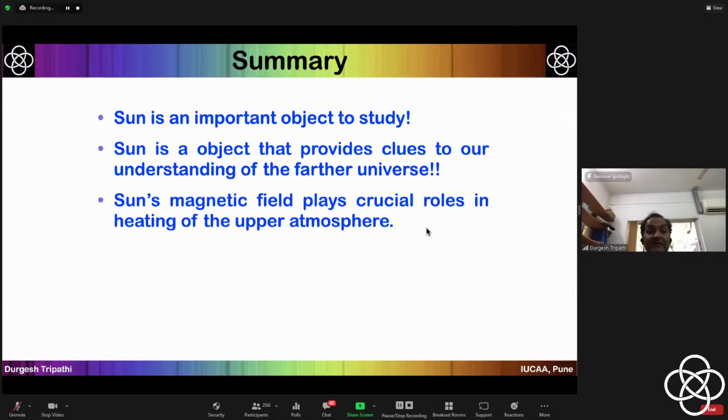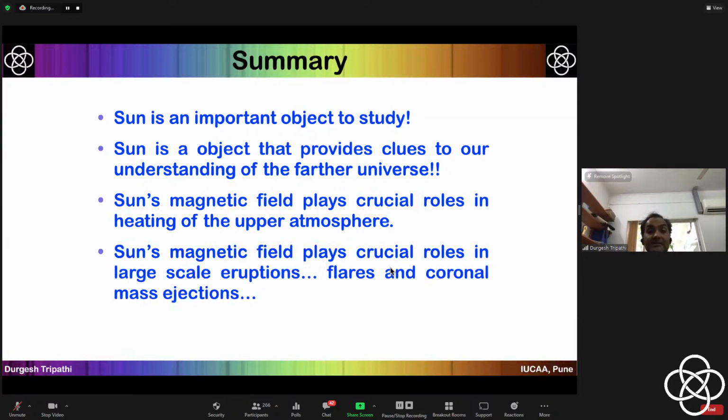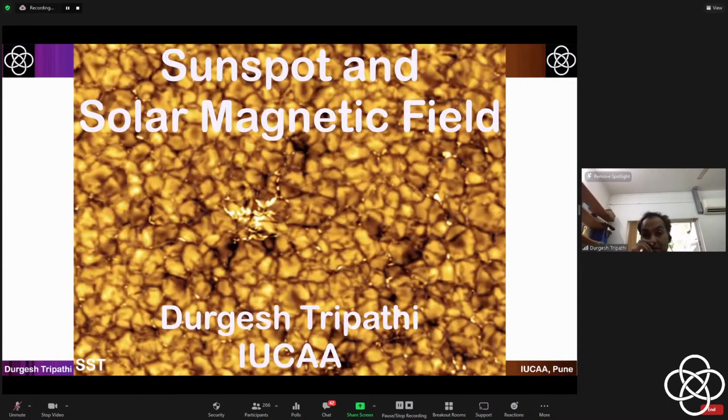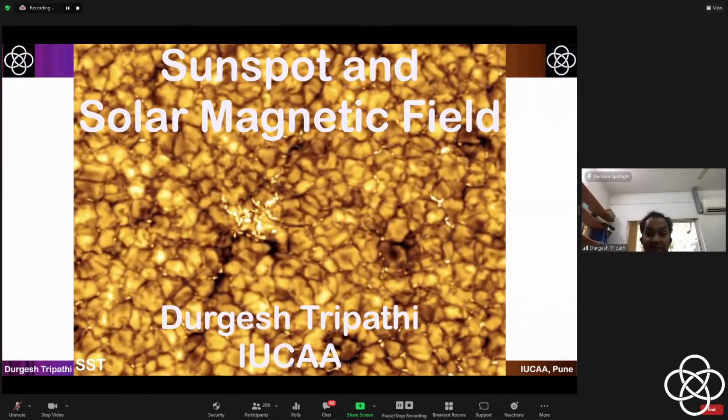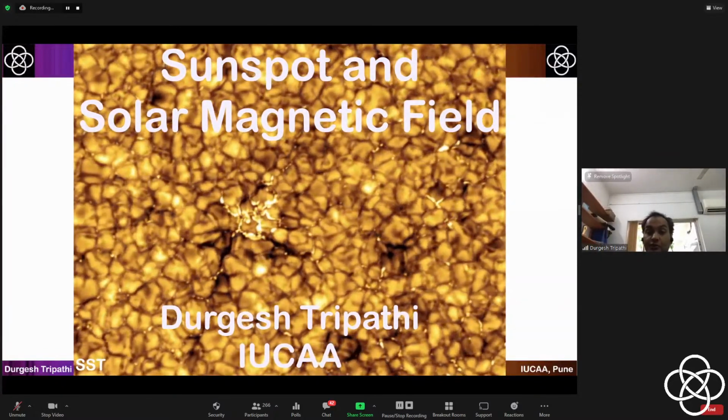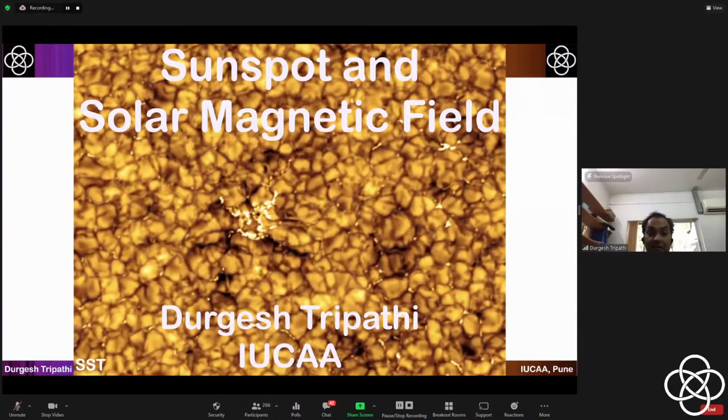Magnetic field plays a crucial role in heating up the upper atmosphere, and the sun's magnetic field plays a crucial role in large-scale eruptions, flares, and coronal mass ejections. But the question is how and where the magnetic field on the sun is generated. I mentioned that there's a dynamo, but how does that actually work? Now let's look at sunspots and the solar magnetic field, and that will also take us to the solar cycle question.